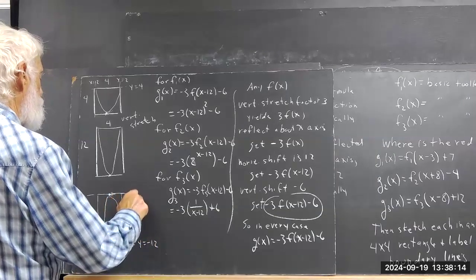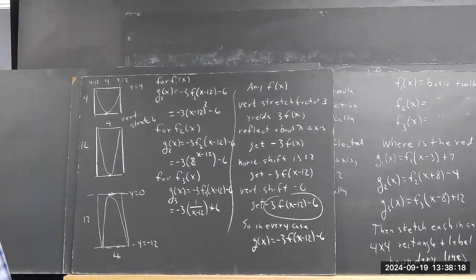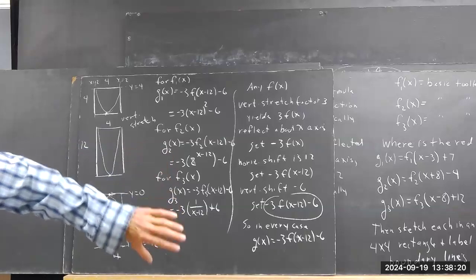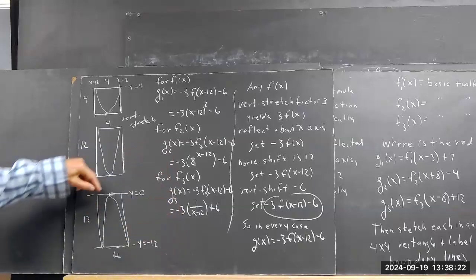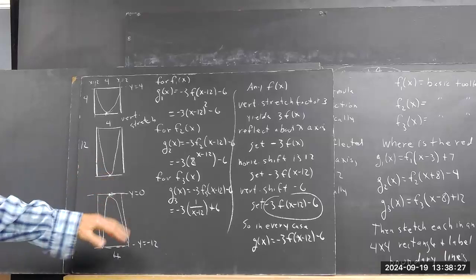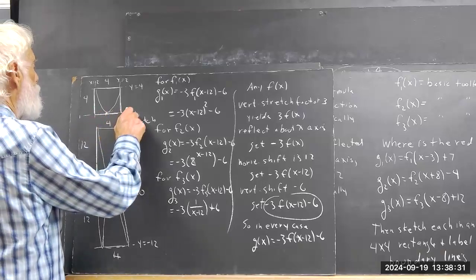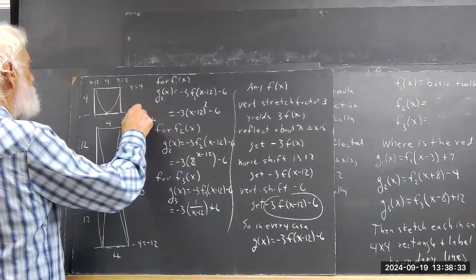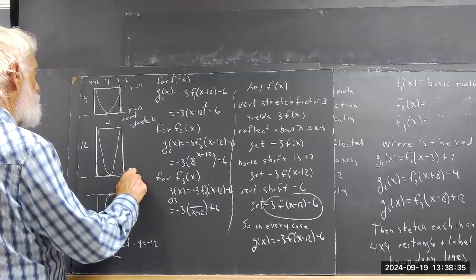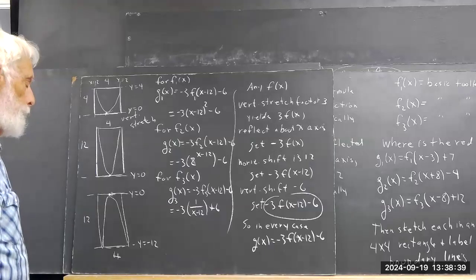This line is still y equals 0 because y equals 0 is the x-axis. And we're flipping it around the x-axis. Whatever's on the x-axis stays where it is, and that includes the red dot, still on the x-axis, which is y equals 0. So, we've got y equals 0 here. Y equals 0 here.